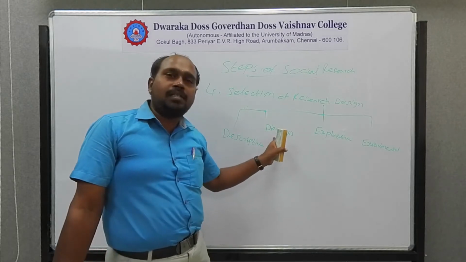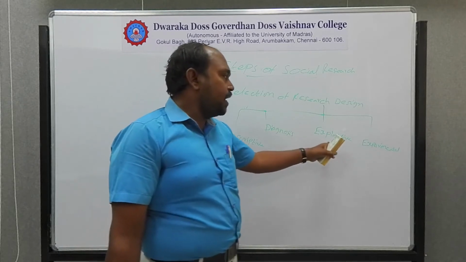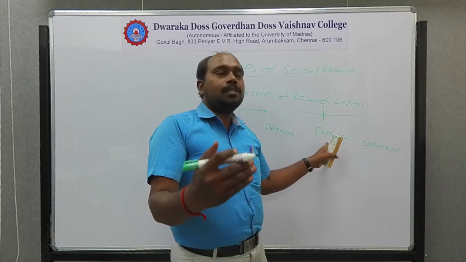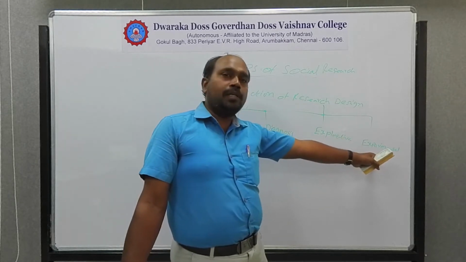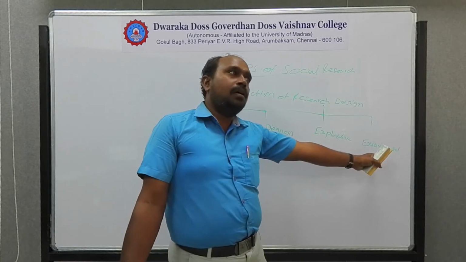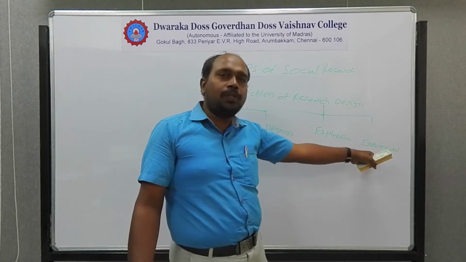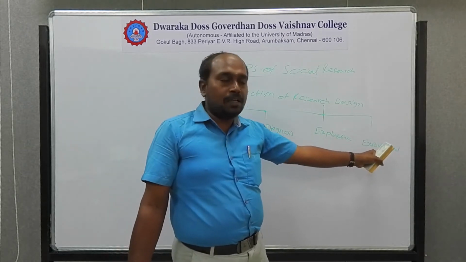Diagnosis, by the word diagnosis, it tries to find out the solution for the research problem. And explorative research design explores the hidden problems and tries to find out the solution. And experimental research conducts the experiment on 2 groups, control group and experimental group, and finds out the cause-effect relationship in the research problem.